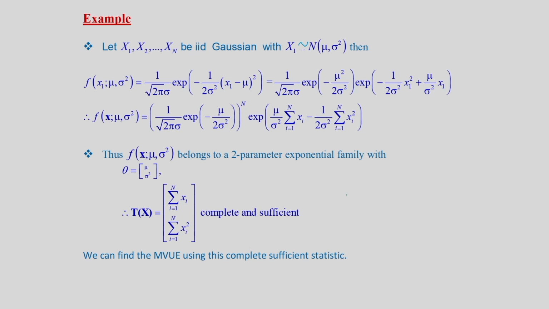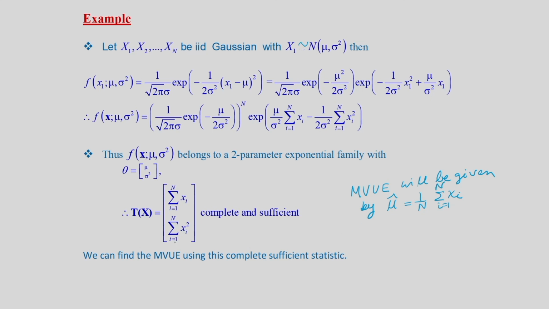So, MVUE will be given by: first we have to find out the MVUE for mu hat. This is simple, we have just divided by n. So, that will be 1 by n into summation xi, i going from 1 to n.